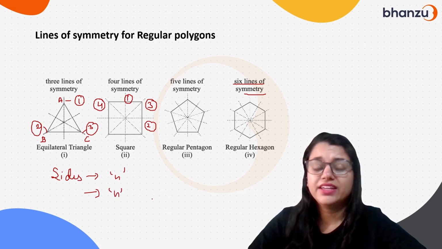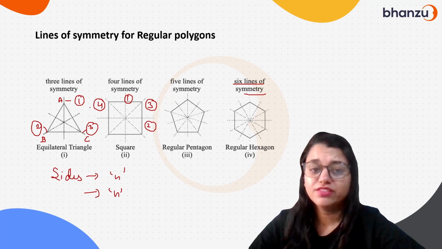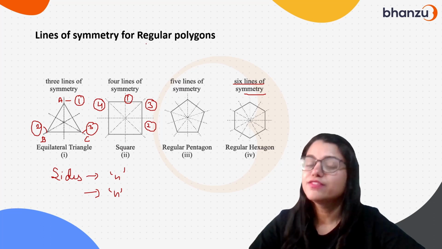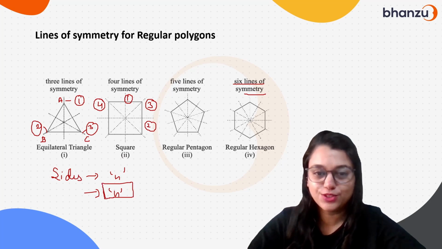Because we can see that in the case of an equilateral triangle, we have 3 lines of symmetry. In the case of a square, we have 4. In the case of a pentagon, we have 5. And in the case of a hexagon, we have 6. So from this, we can conclude that in a regular polygon, the number of sides is equal to the number of lines of symmetry for it, right? So this is an important conclusion.